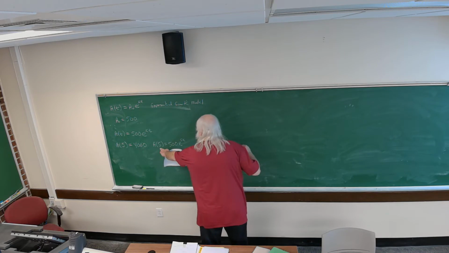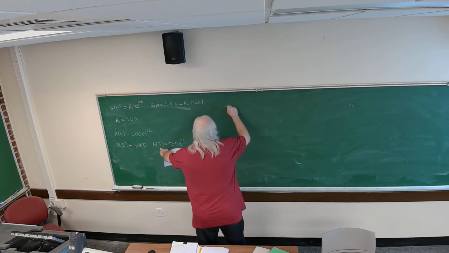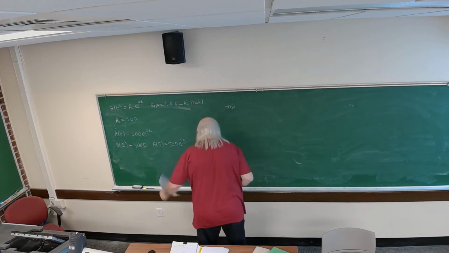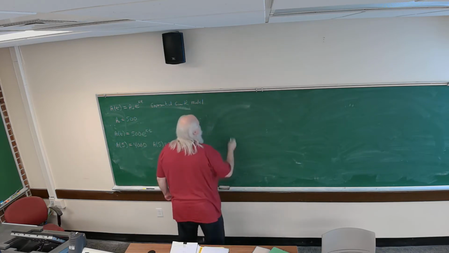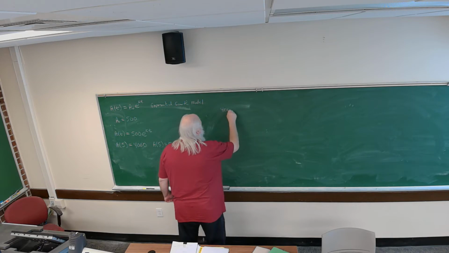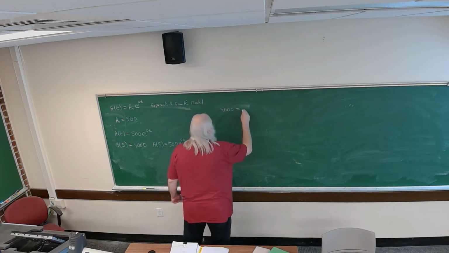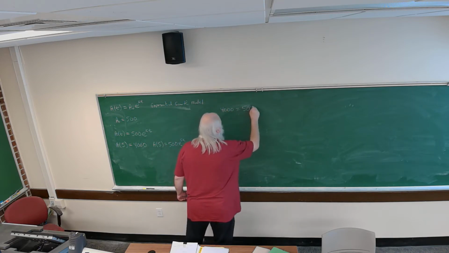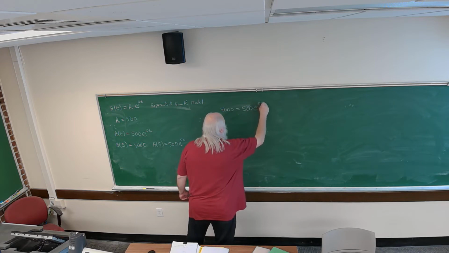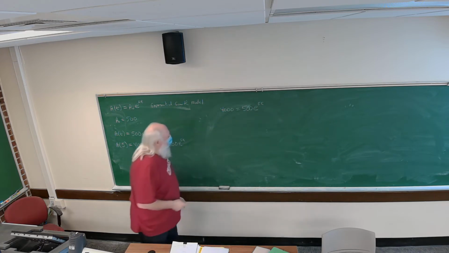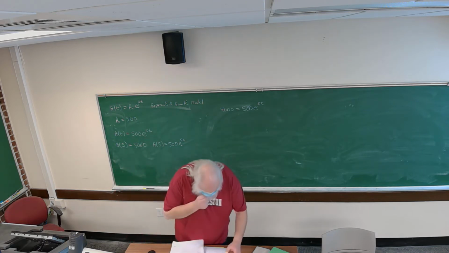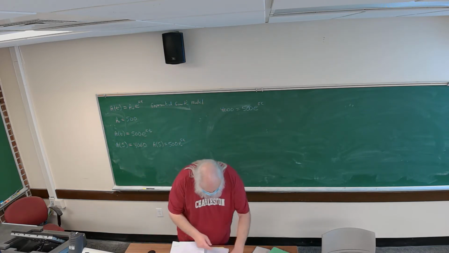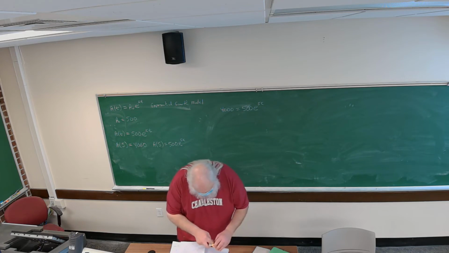So I replace A of 5 here with 4,000. And so we have 4,000 equals 500 times e to the 5k power. And now we have to solve for k.